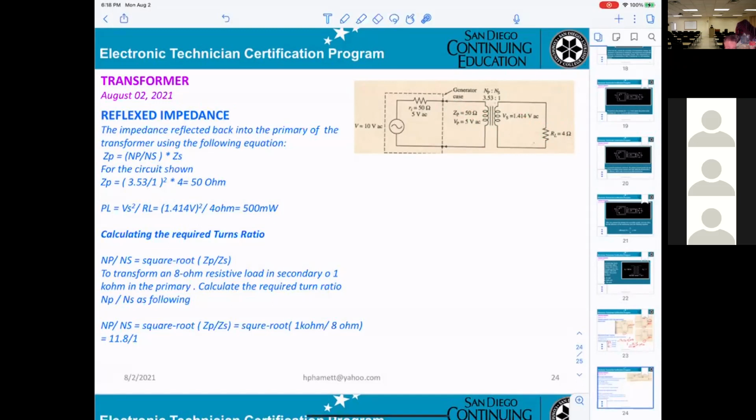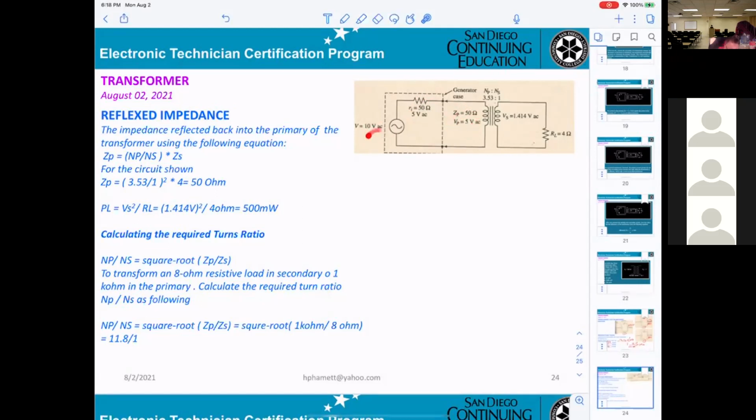They want to make the impedance of the primary 50 ohm, matching with that 50 ohm. And then they can calculate the primary voltage. That's easy for you to understand.